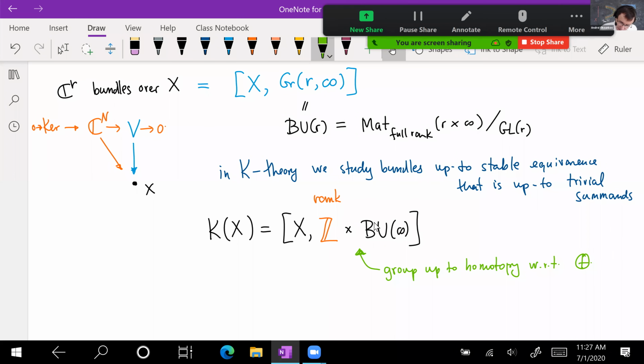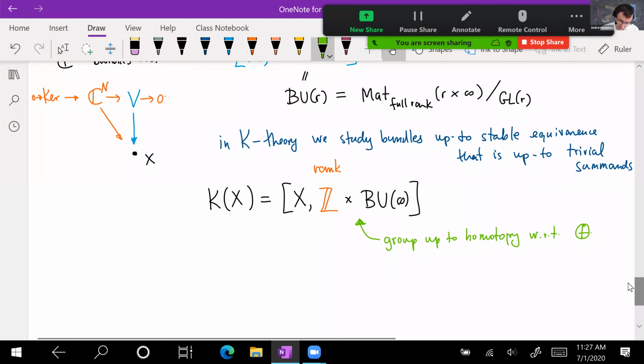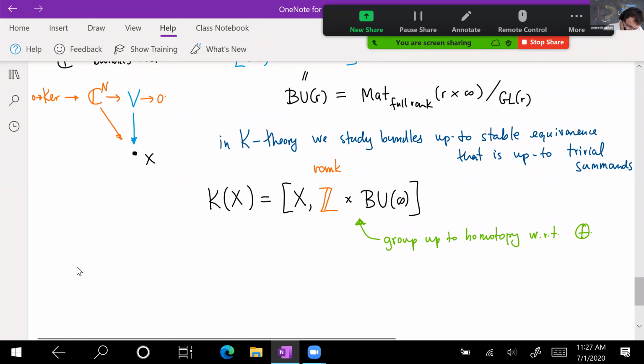This is how the additive structure in K-theory works: you take these two maps, and if you add them in K-theory, the ranks add, and the corresponding data is like two matrices stacked one on top of the other. So that's the group.